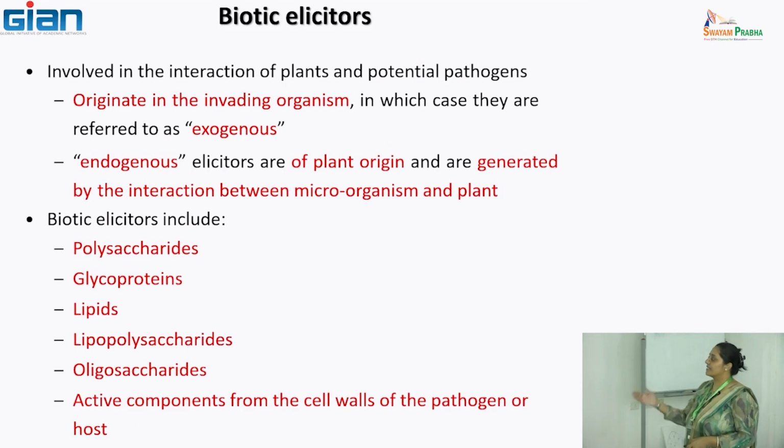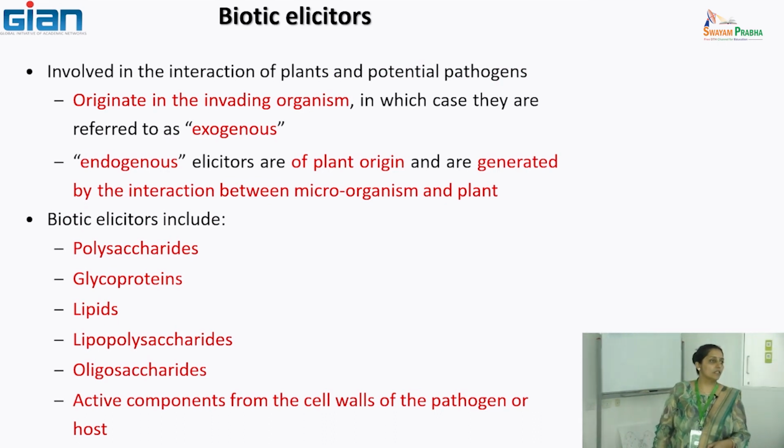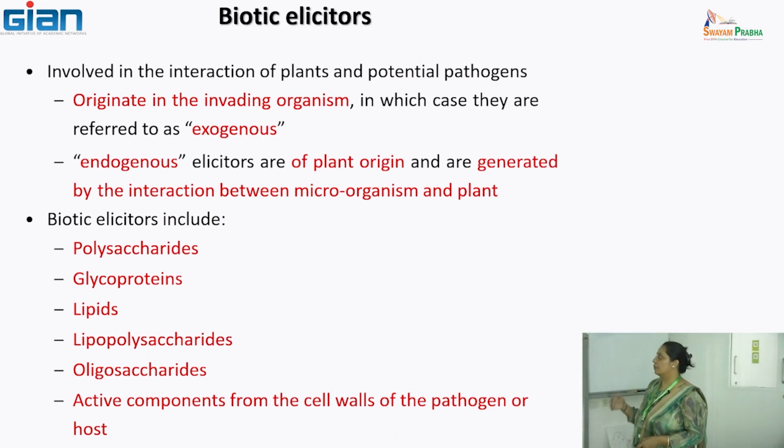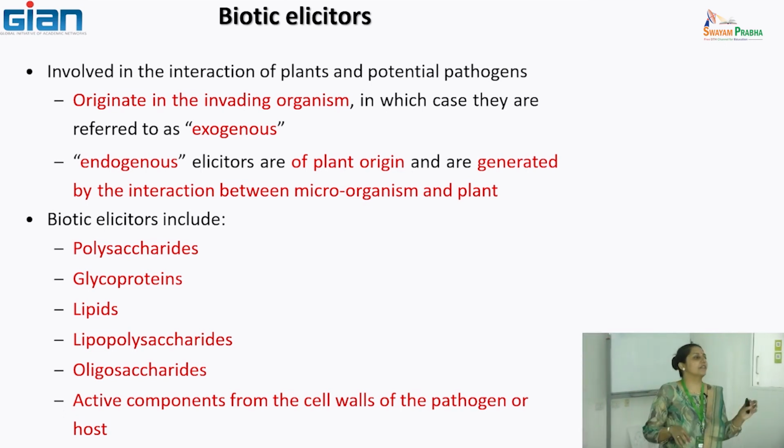Okay, so biotic elicitors can have n number of components or cellular components, can include polysaccharides, lipids, or oligosaccharides. They can also act as endogenous elicitors. So there are various classifications of elicitors themselves. You can class them as biotic, abiotic. You can class them as endogenous, exogenous.